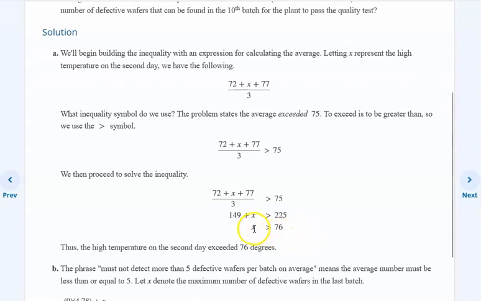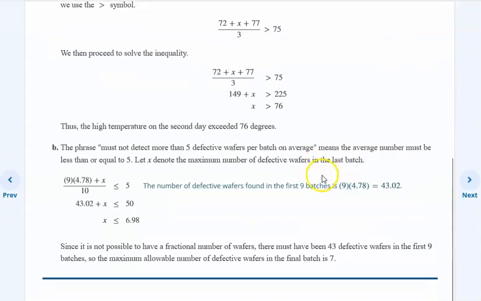So in this case, x would be greater than 76 degrees. Again, pause as needed. Read it over. And then this is the last one.